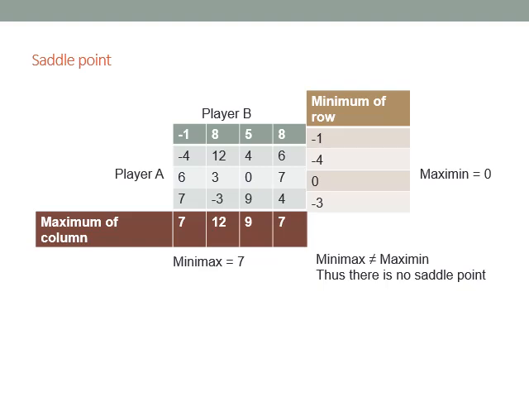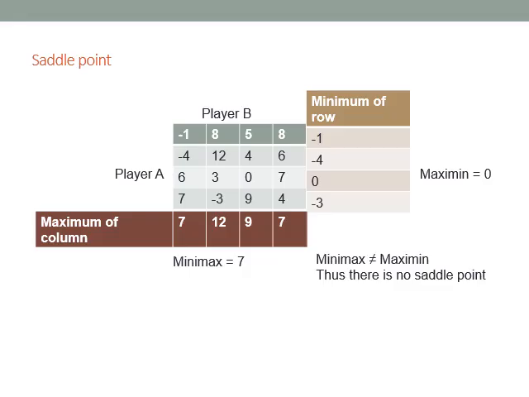Let's apply the maximum of column. First column, the maximum is 7, second 12, third 9, fourth is 7. So the minimax equals 7 and maximin equals 0.